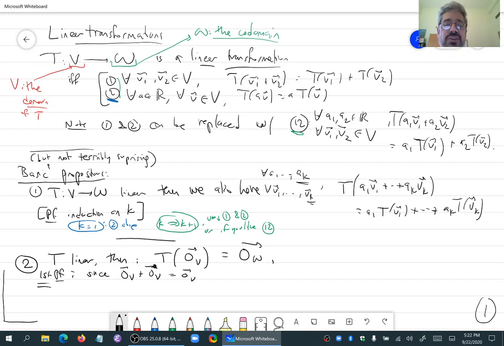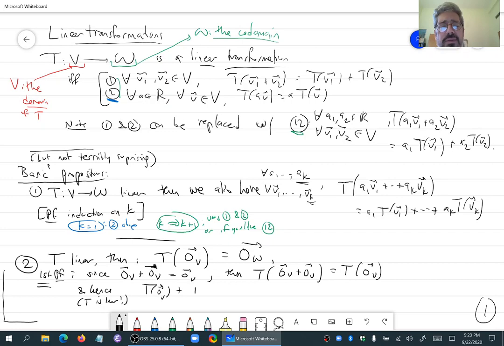The input to T is always a vector in V, the output is always a vector in W. Anyhow, since the 0 vector plus the 0 vector is the 0 vector, then T of 0V plus 0V equals T of 0V, and hence, because T is linear, the left-hand side becomes just the sum of T of 0 plus T of 0, and the right-hand side you just copy it.